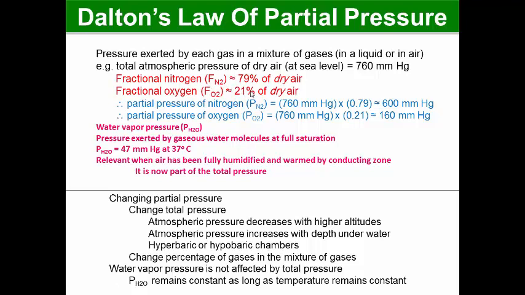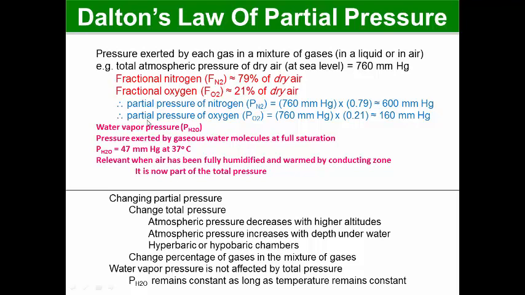So the partial pressure exerted by oxygen in the atmosphere, which is dry and at sea level, is equivalent to 760 millimeters of mercury multiplied by 21%, and so the partial pressure of oxygen is 160 millimeters of mercury. Okay, when the atmosphere is humid, i.e., there is water vapor in the atmosphere, now the picture is different.